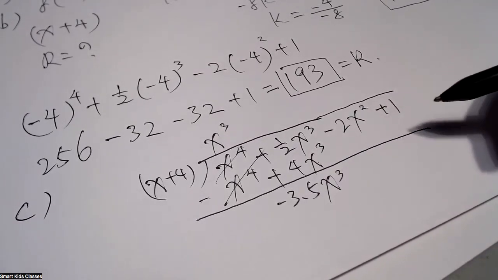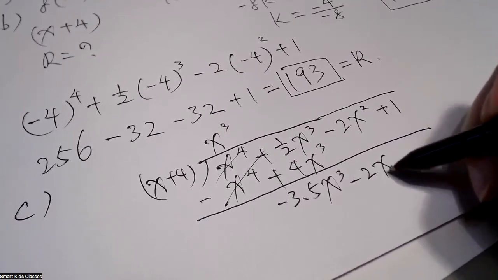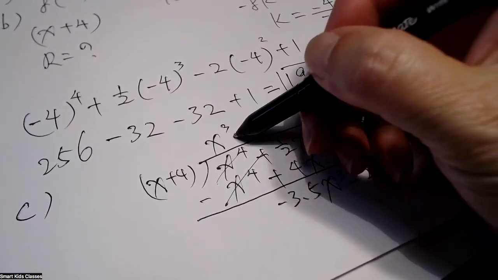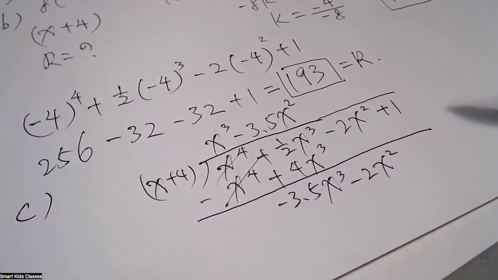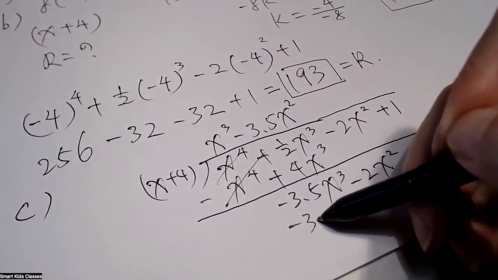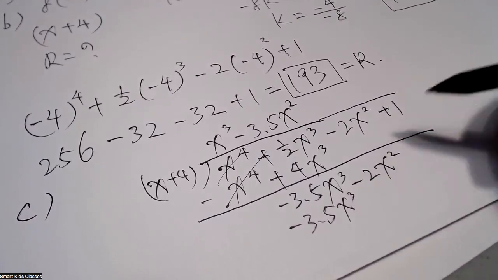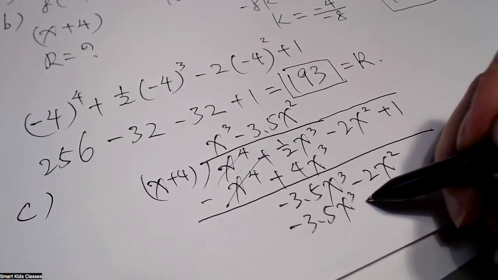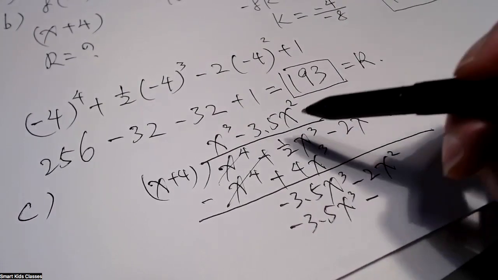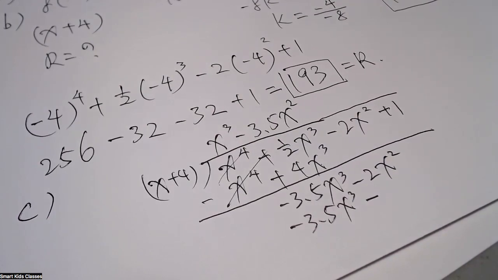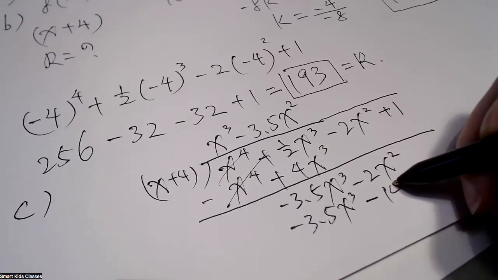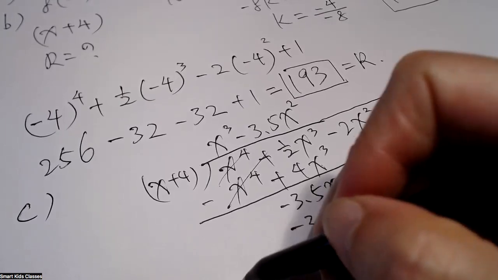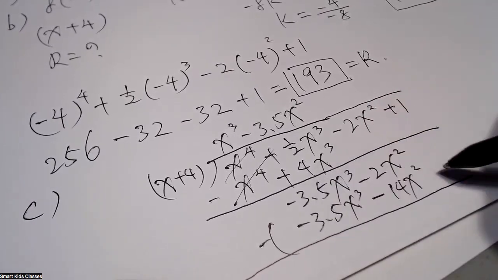X exponent 3. So bring the 2x squared down. So it will be minus 3.5x exponent 2. So we have a minus 3.5x exponent 3, and it's going to be a minus. So 3.5 times 4 is 14. So minus 14x exponent 2. We subtract it.